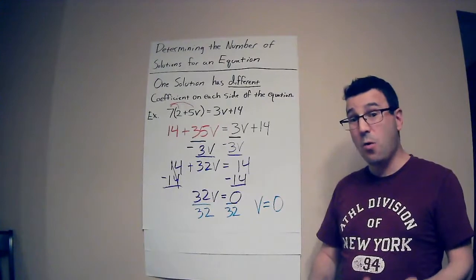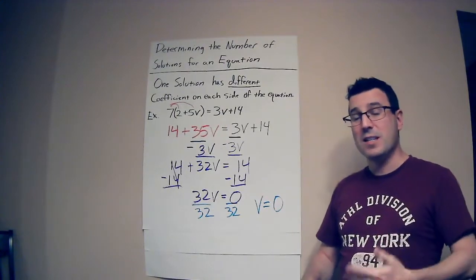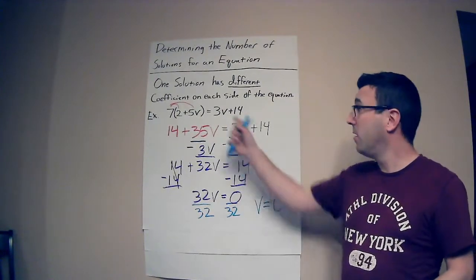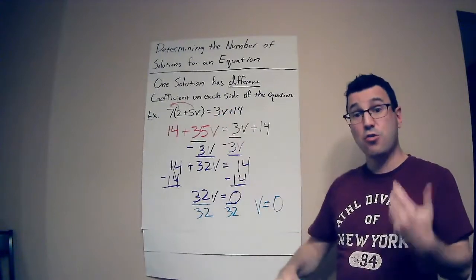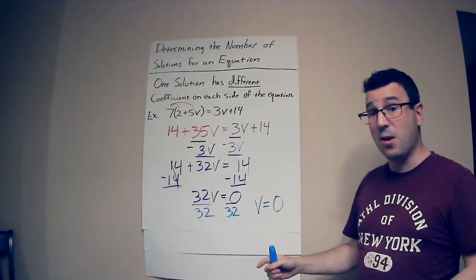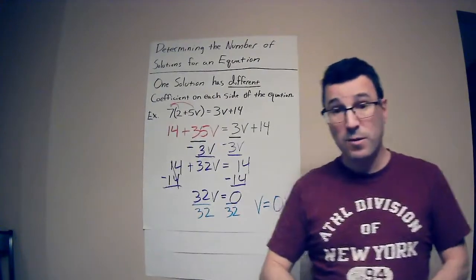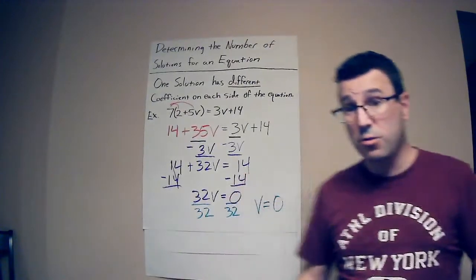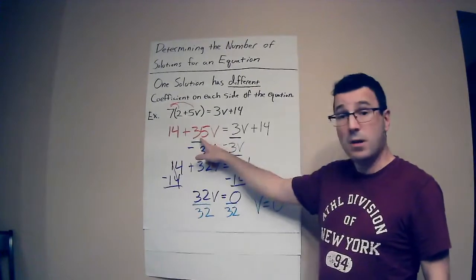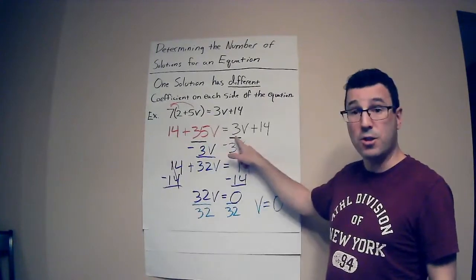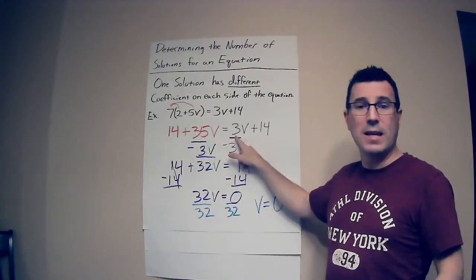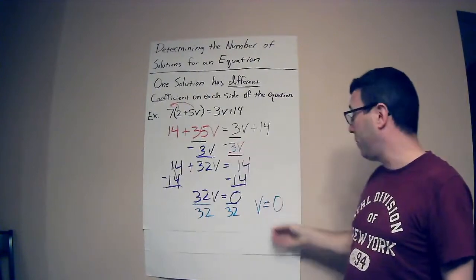And that's the goal when you find your solution: what is going to make our original equation true. In this case, the only thing that's going to work is 0. So for one solution, I have different coefficients, and I can solve it and get that the variable equals some number.